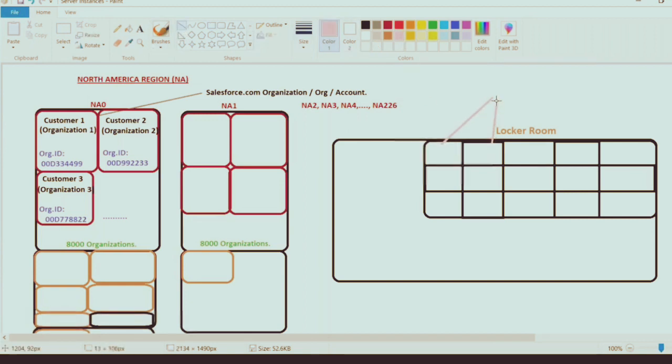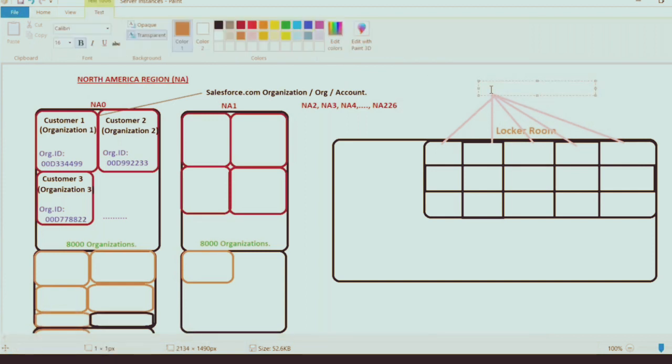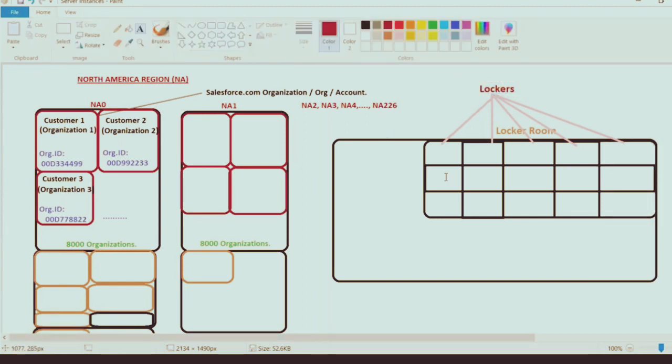This is one locker. This is the second one, the third one, the fourth one, the fifth one. Like that, we have so many lockers available. Now tell me, how can we recognize each and every locker?